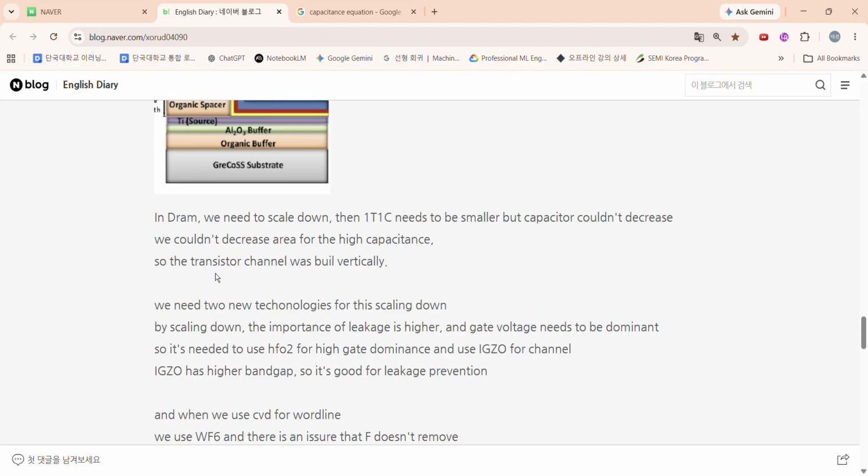When we decrease the transistor's channel, then leakage current occurs. So we need to use hafnium oxide instead of silicon dioxide, and use IGZO for channel, because IGZO has a higher band gap.